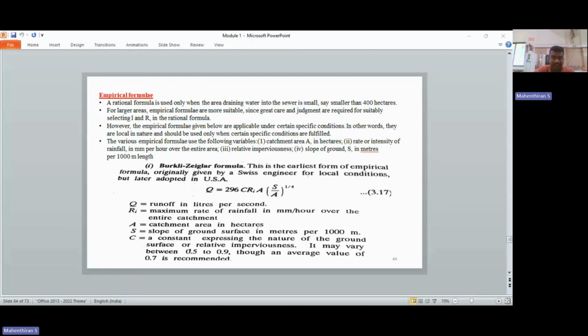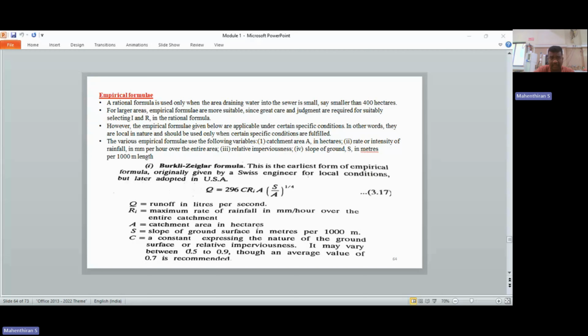So we have S divided by A, to the whole power 1 divided by 4. This is the fourth root of S divided by A. Notice that slope S is in the numerator and A is in the denominator. Raising to the power of 1 by 4 is the same as taking the fourth root.